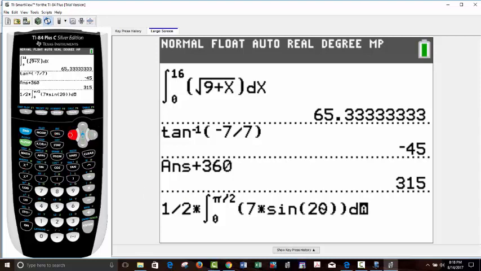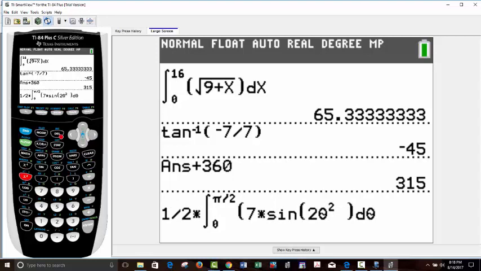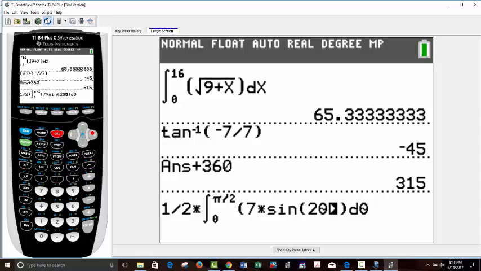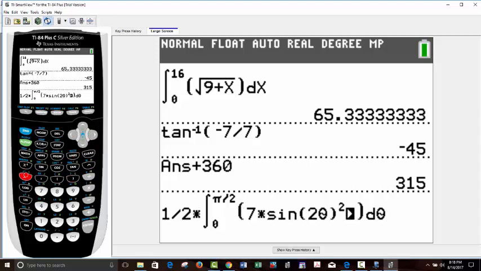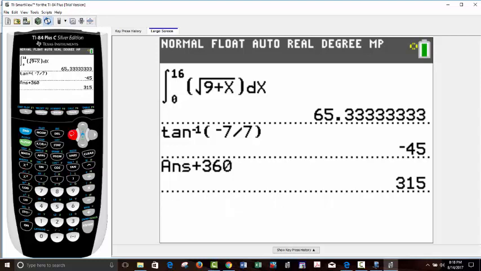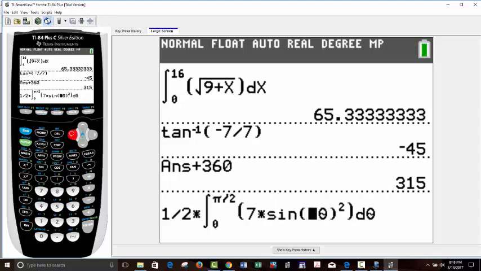Maybe I'll try it this way. It kind of made it more complicated. No, that's wrong. Parentheses squared. I don't like the way that's written mathematically, but it might be right.